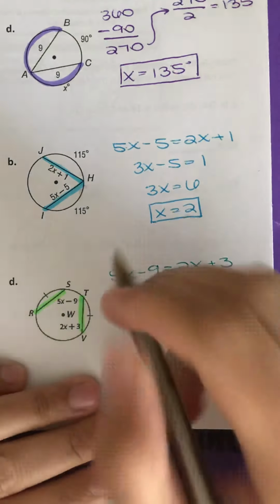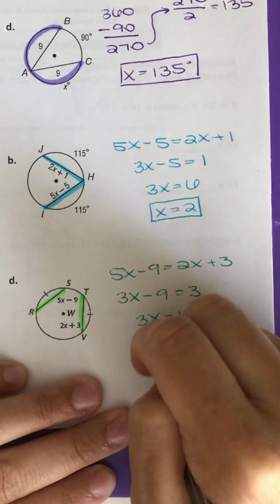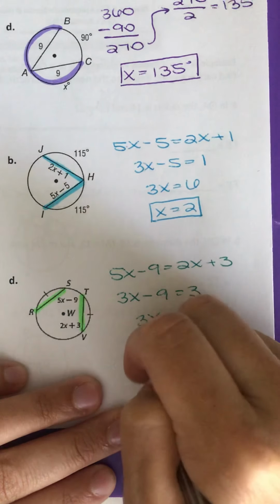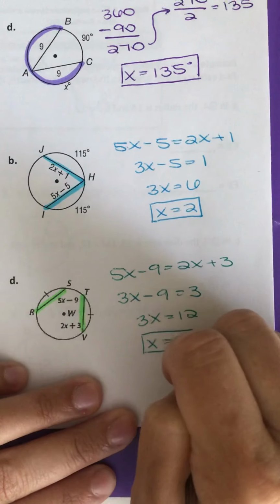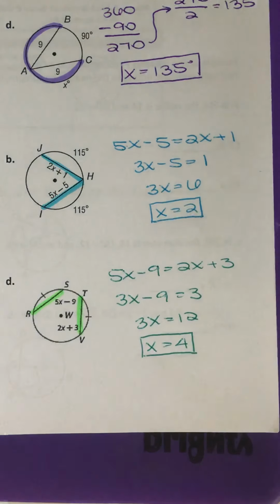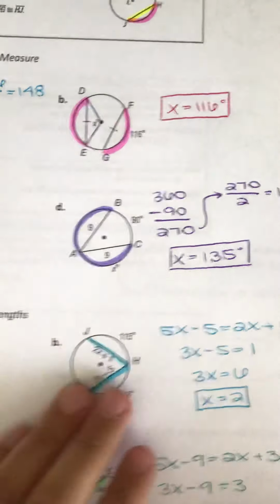I have 3x minus 9 equals 3. Add 9. 3x equals 12. Divide both sides. X is 4. Two more on the next page.